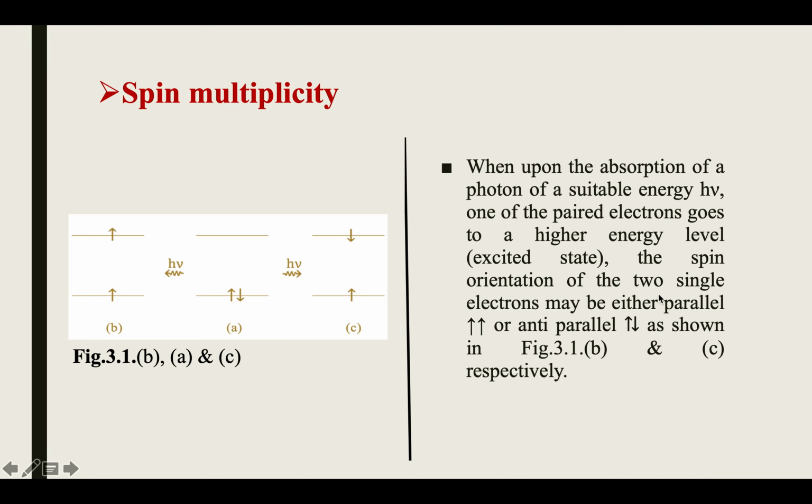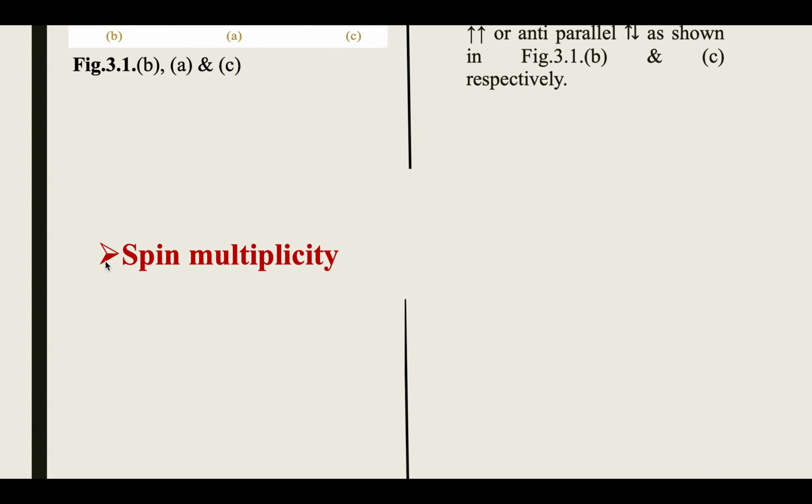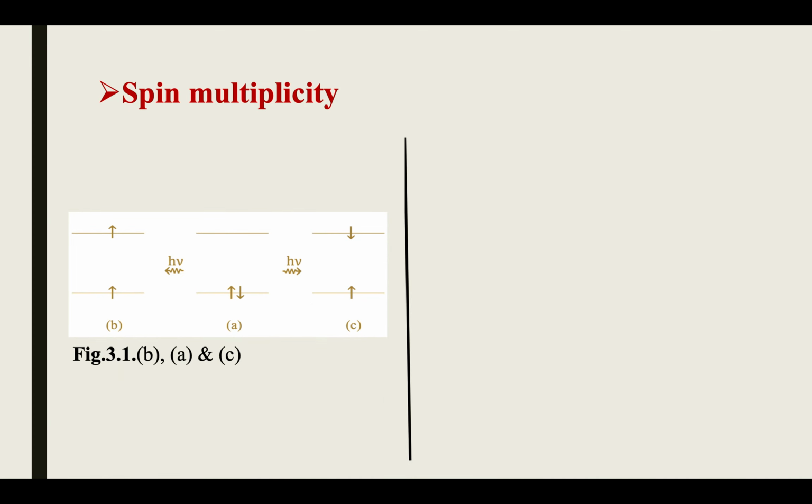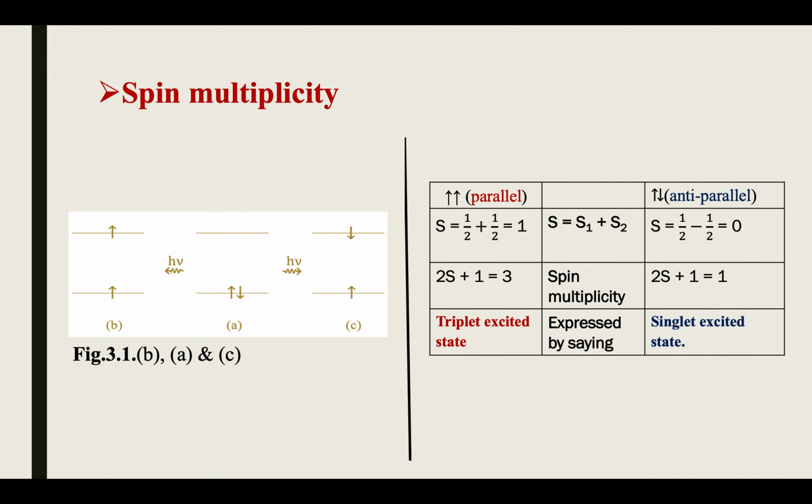So the spin orientation of two single electrons may be either parallel or anti-parallel. This state we call anti-parallel and this state is the parallel state, respectively. Now what happens to the state of the spins?